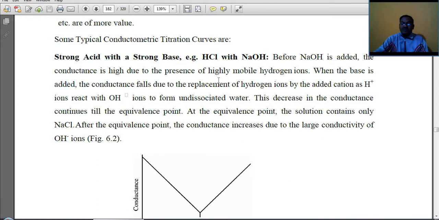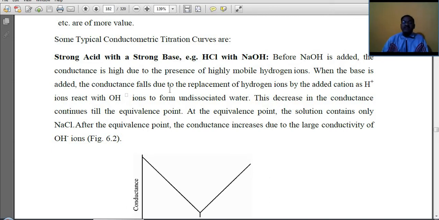Before sodium hydroxide is added, the conductance is high due to the presence of highly mobile hydrogen ions. When the base is added, the conductance falls due to the replacement of hydrogen ions by the added cations, as H plus reacts with OH minus to form undissociated water.